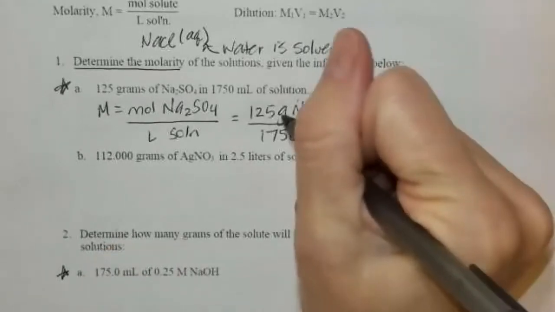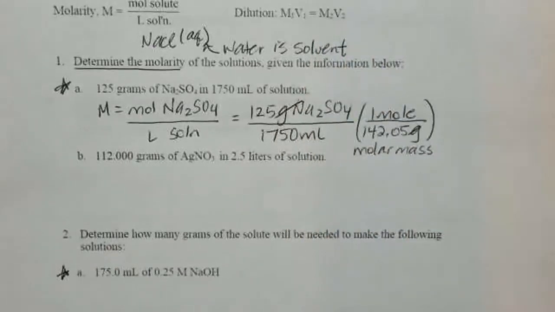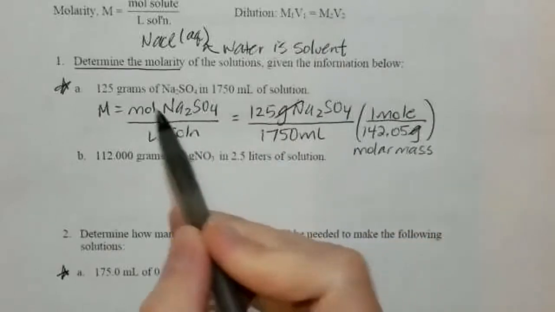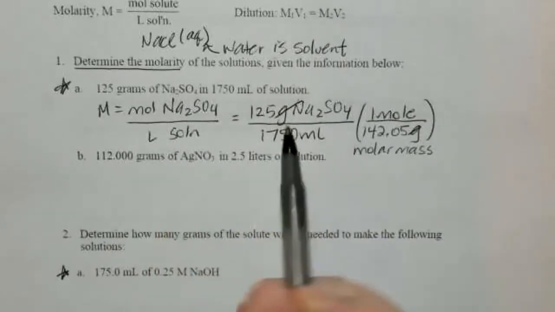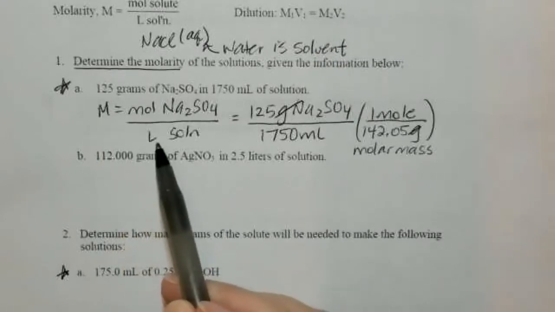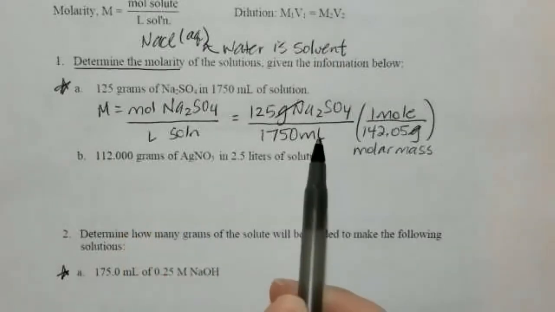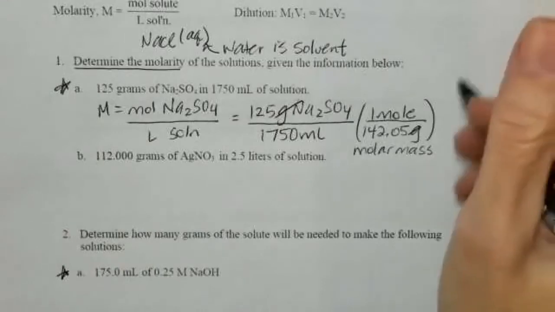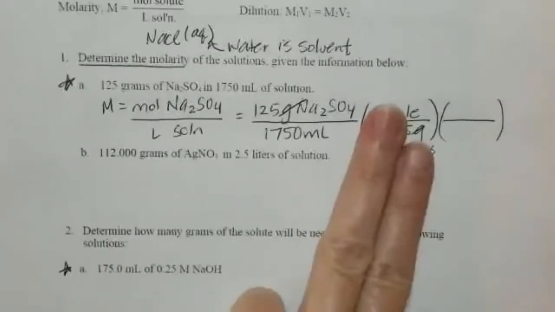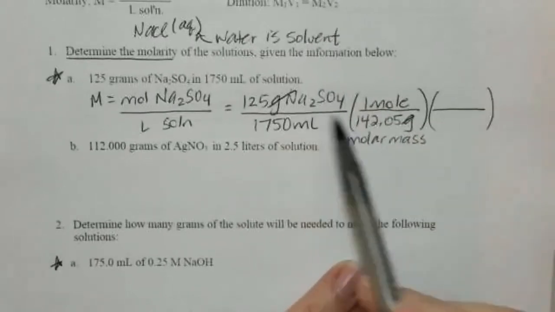And I've now converted my grams of sodium sulfate to moles. So now in the numerator, I do have my moles of solute, which is what I need in my numerator. Now, the other thing I want to check really quick is that my volume unit for molarity has to be moles per liter. And since this is milliliters, I'm going to need another conversion step. Normally with dimensional analysis, we like to cancel as we go.